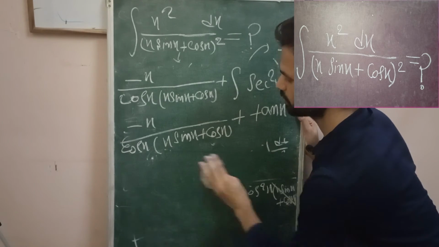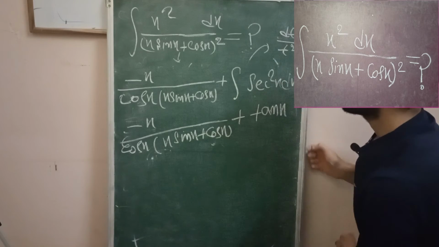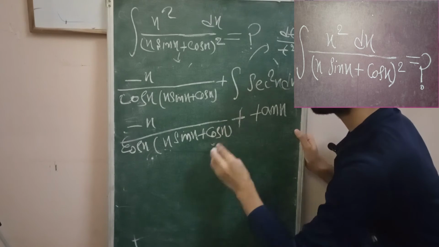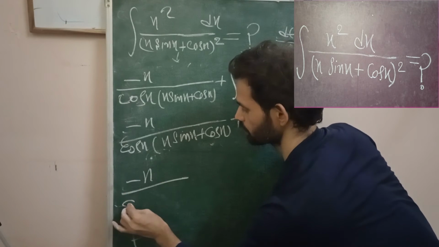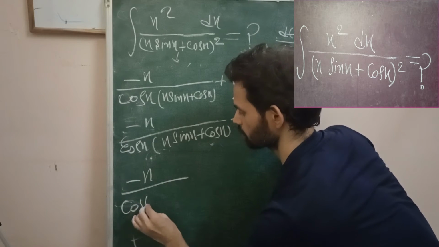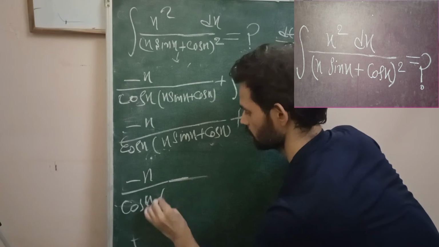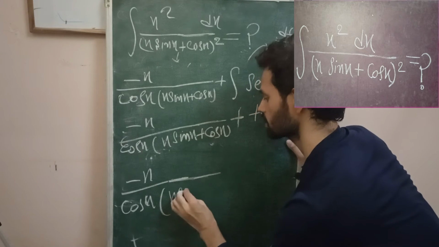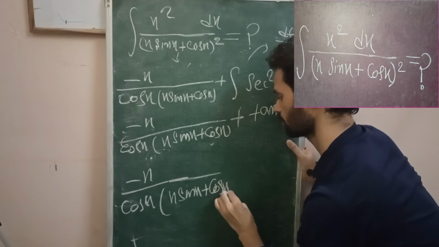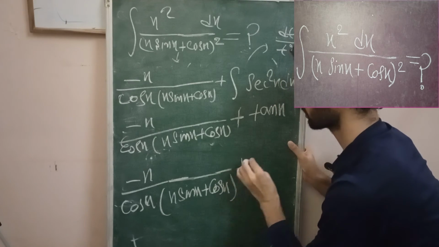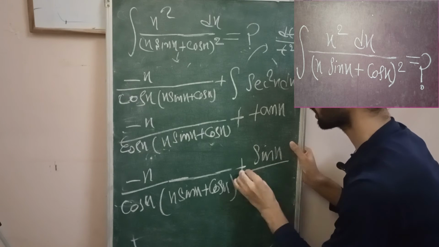Up to this, is it okay? So now see here, minus x divided by cos x into x sin x plus cos x, plus tan x. Sin x divided by cos x can be written like this.